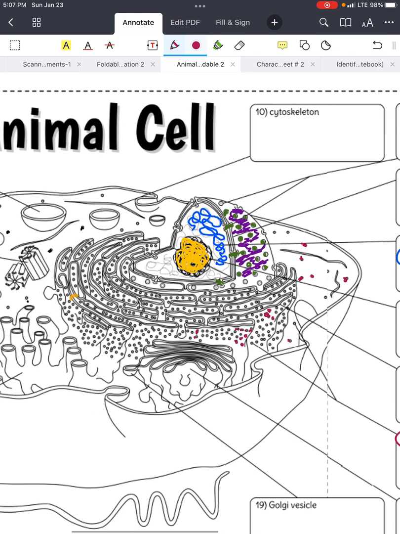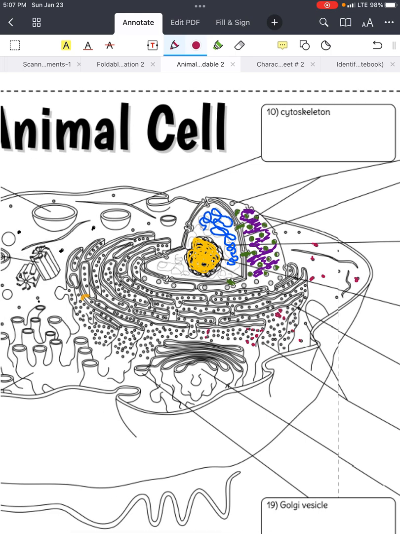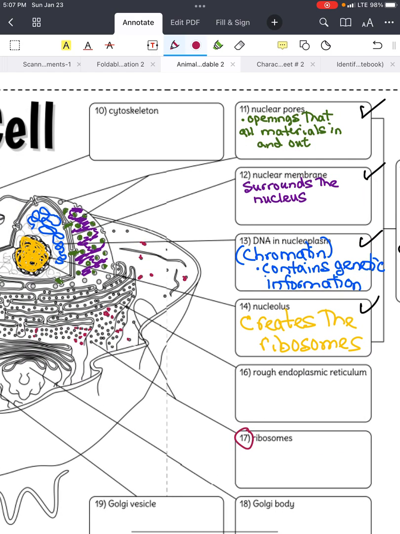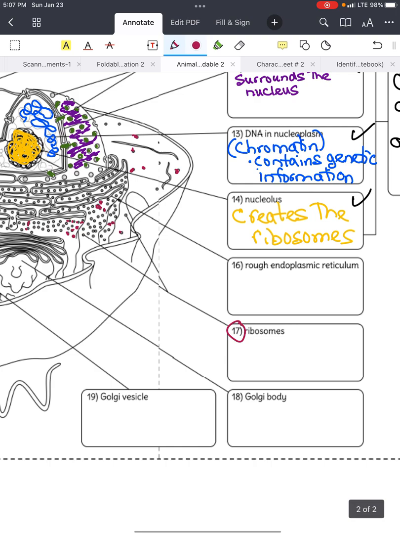It takes up a lot of time. You might just want to do one little section. Those are the ribosomes. And the ribosomes make proteins. Okay, they're the protein factories.